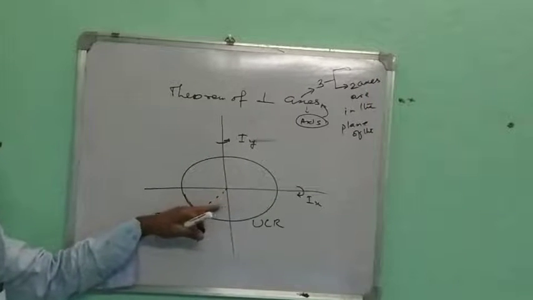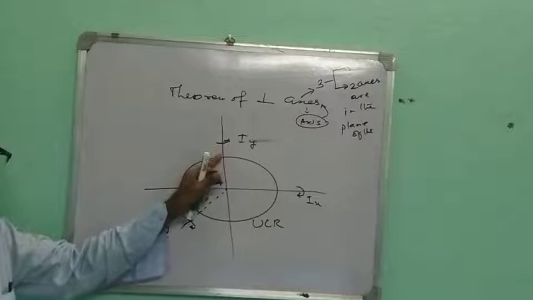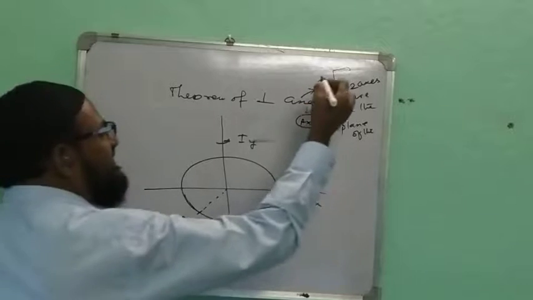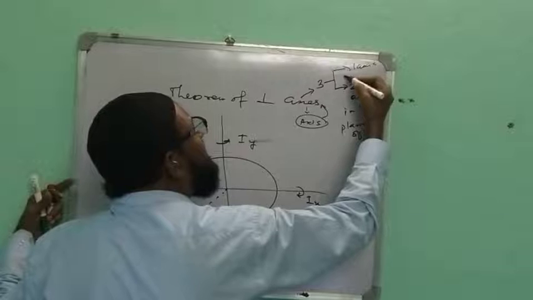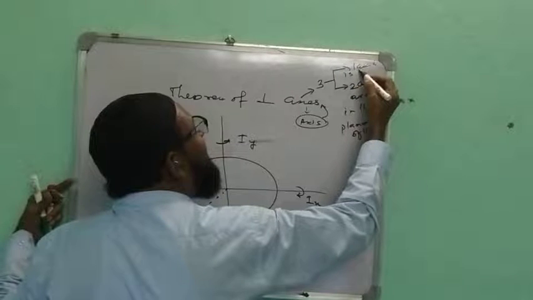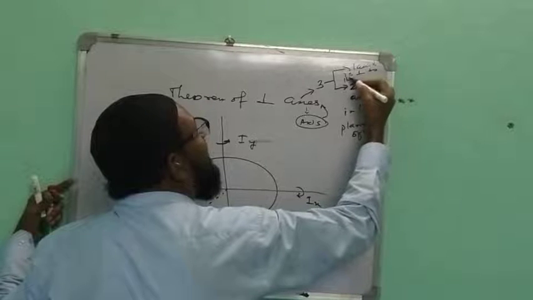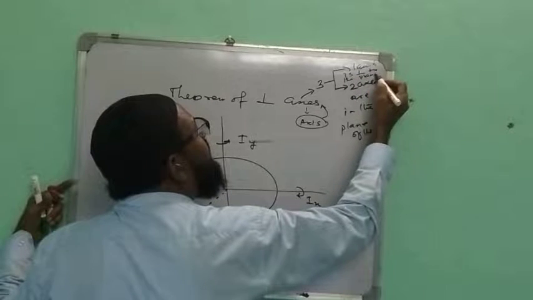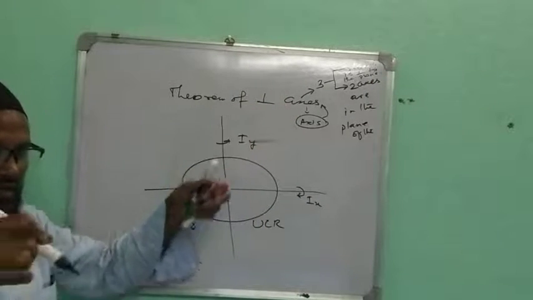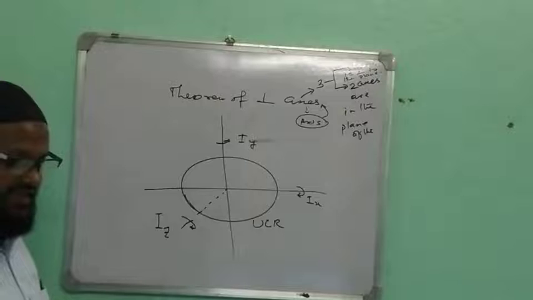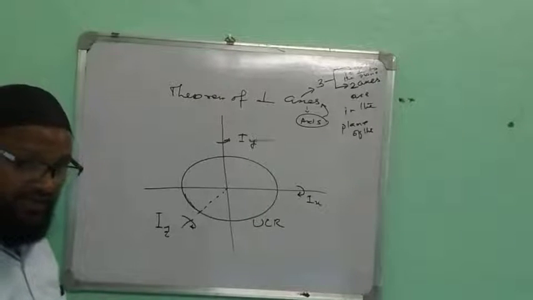In this case, which are they? Ix and Iy. Another axis, one axis, is perpendicular to the plane of the ring. In this case, Ix and Iy are in the same plane, that is, in the plane of the ring.